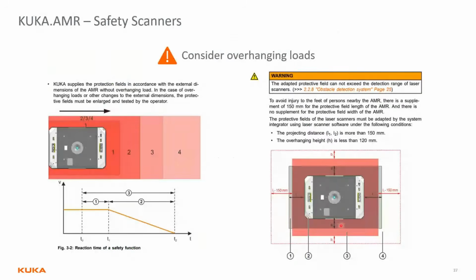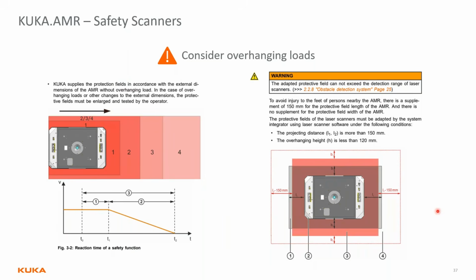If you go into the 1500p manual, there's a section that shows you what to consider when you're doing overhanging loads. If there's a load that overextends the AMR, that's going to affect the default safety fields, because the default safety fields are configured for the default AMR size.